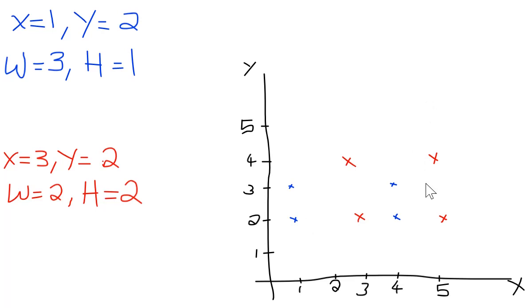So we need to find whether there is an intersection. If there is, we give the intersection point with the x, y coordinates, and also the width and height of that intersection. For this particular example, this is the intersection that we need to find.